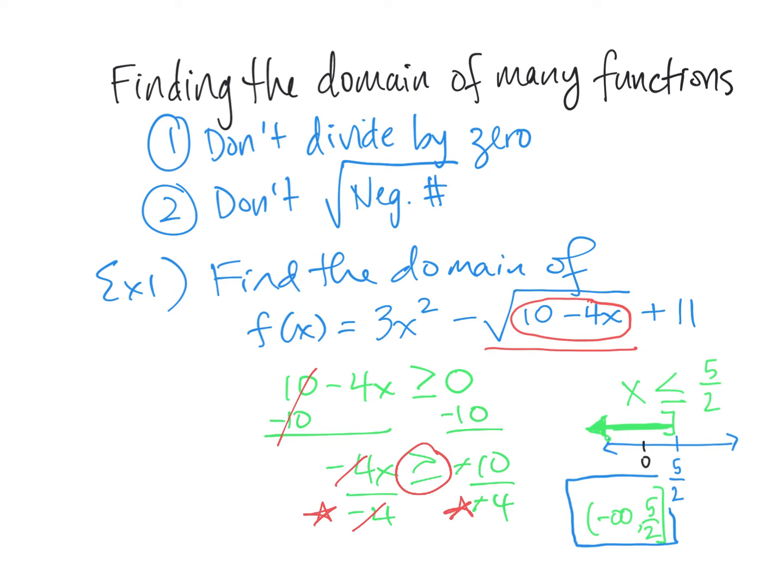So I'm going to go in black over here. So if I want to evaluate f of 0, we're claiming 0 is in the domain. So f of 0 would be 3 times 0 squared minus the square root of 10 minus 4 times 0 plus 11. Let me do some arithmetic.